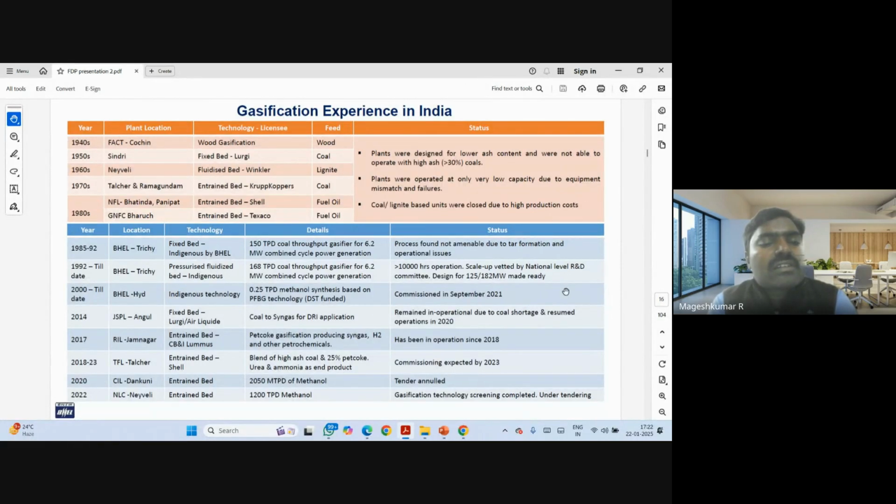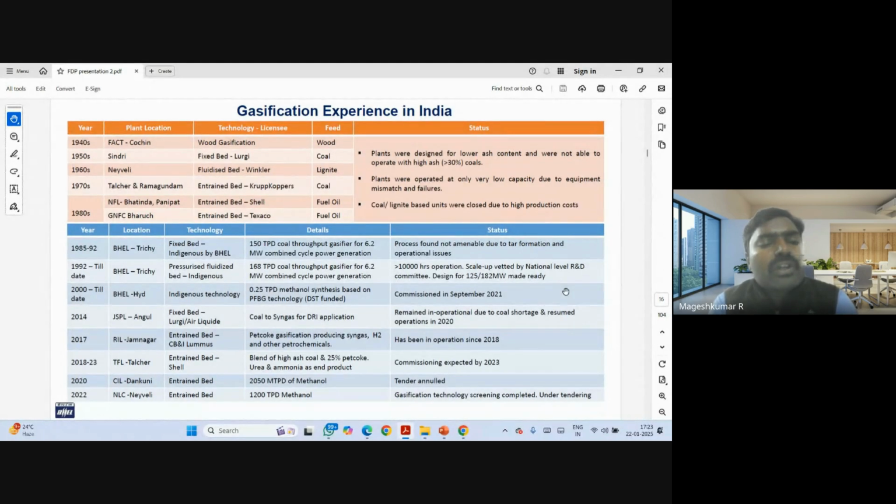The key things which I would like to say are with respect to BHEL. First, let me explain. In 1985-92, as a part of experimentation for our own plant at Tiruchi to generate power of 6.2 megawatt, we put up a 150 tons per day coal gasification unit in Tiruchi.